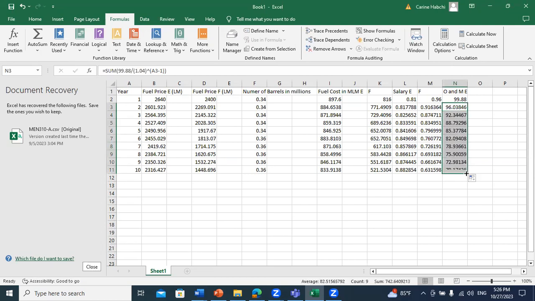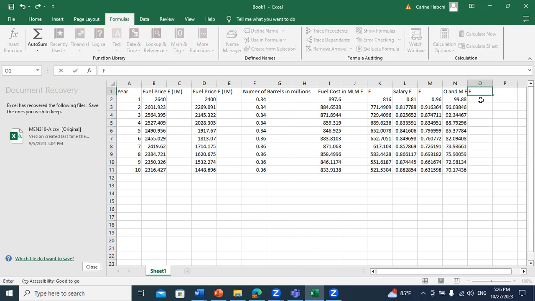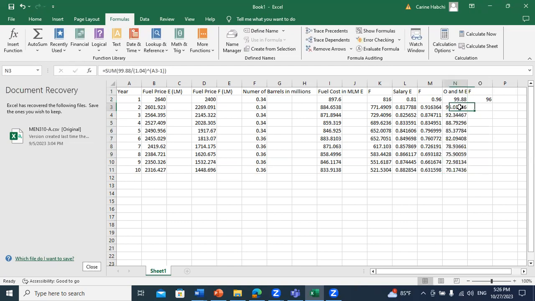The only difference for financial is the discount rate and the initial value of operation and maintenance cost. So for financial analysis, the initial value is 96 million of local money. And then when we apply the summation, we divide by the discount rate, which is 1.1 instead of 1.04.